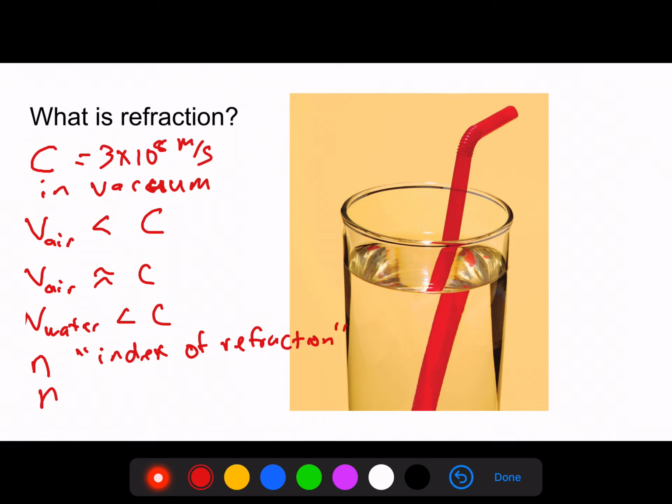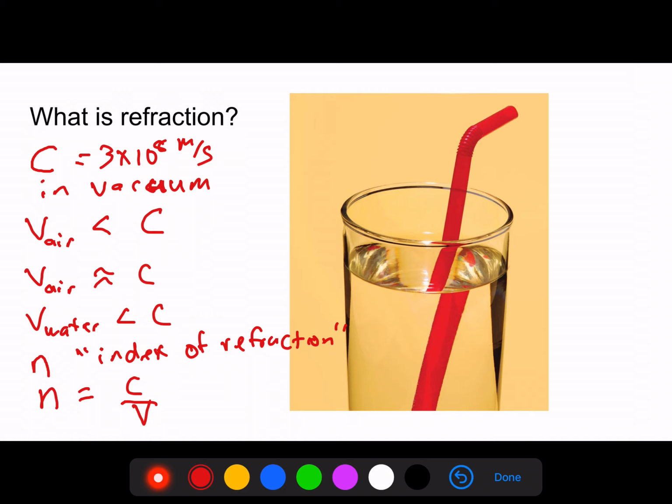and the letter n for the index of refraction is going to be equal to the speed of light c, the velocity of light in a vacuum, divided by the velocity of light in whatever medium you're talking about.